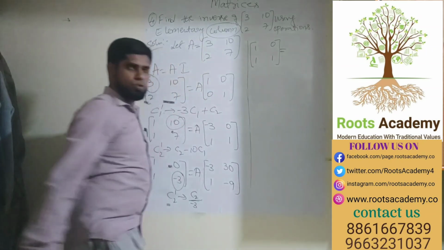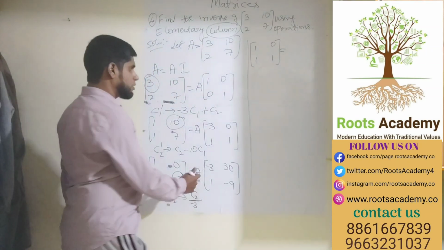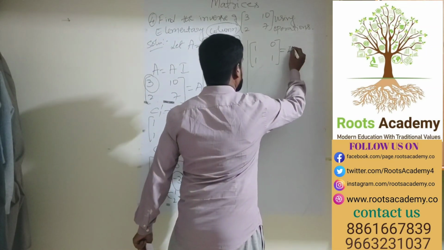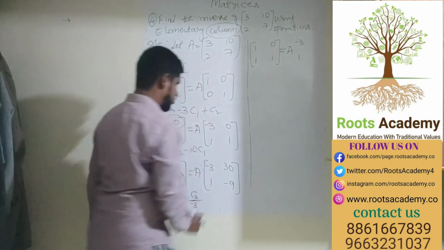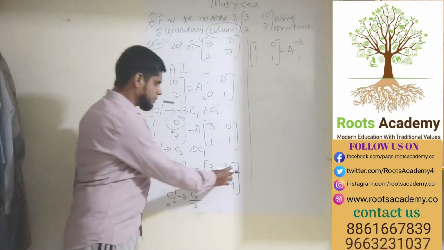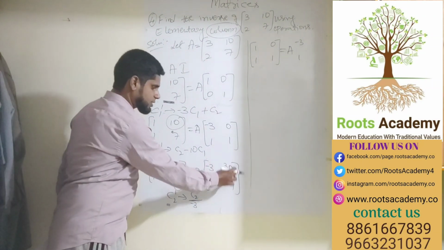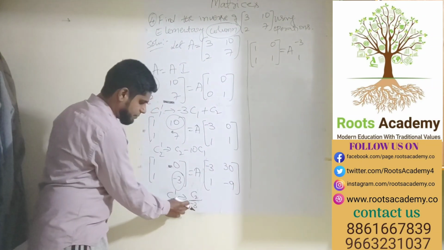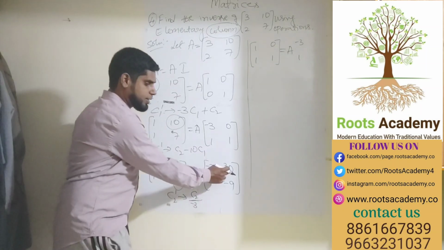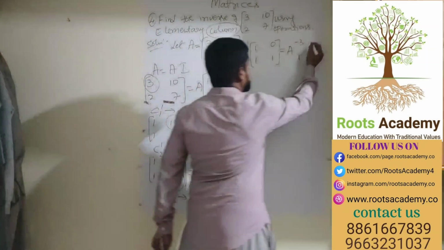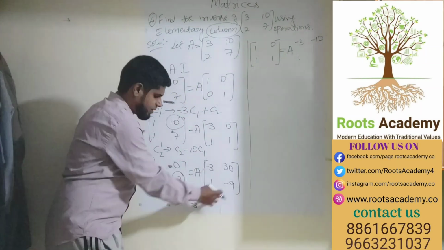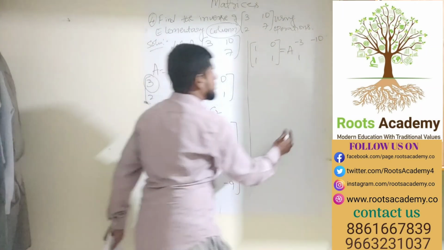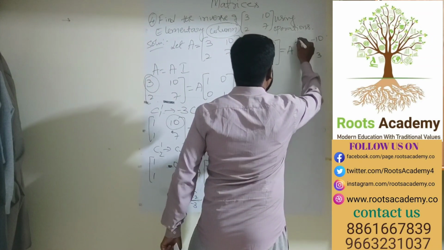This is equals to A. First column as it is minus 3 and 1. Now student, this complete column I am dividing by minus 3. 30 divided by minus 3, it's minus 10. Minus 9 divided by minus 3, it's plus 3.